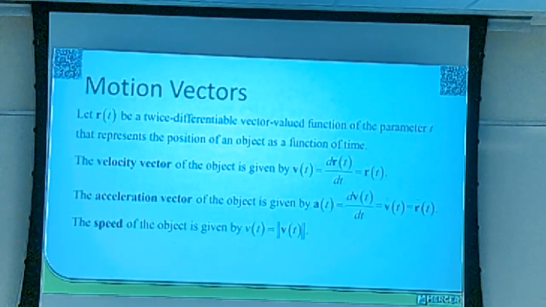Of course, I always ask this question when we do velocity and acceleration. You're in your car. How many accelerators does your car have? 4. Doesn't matter how many.